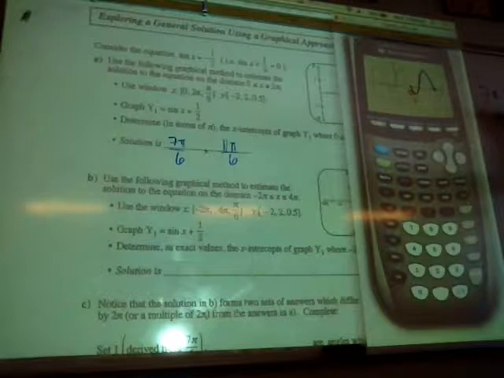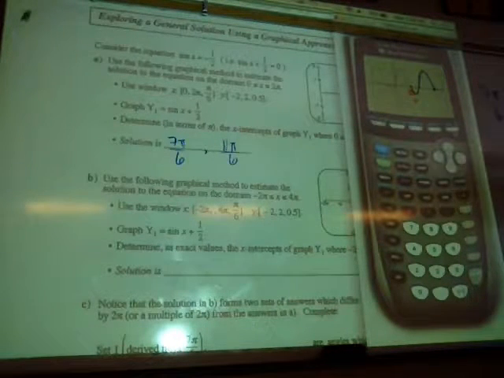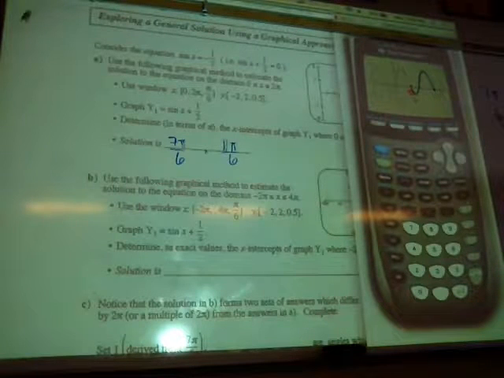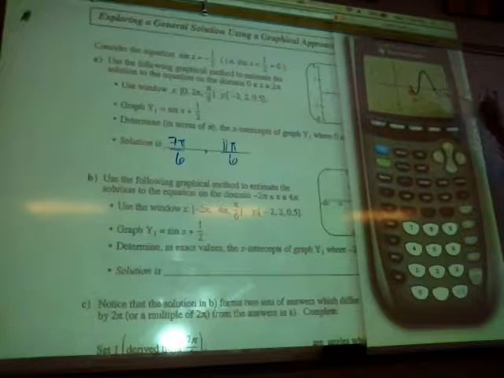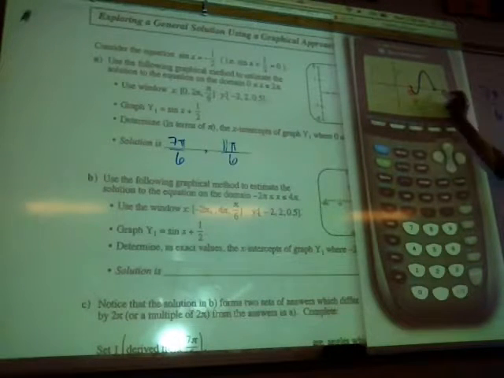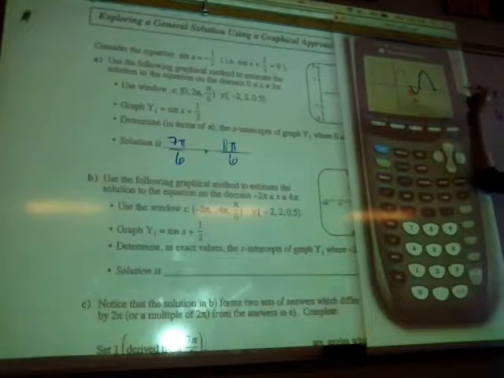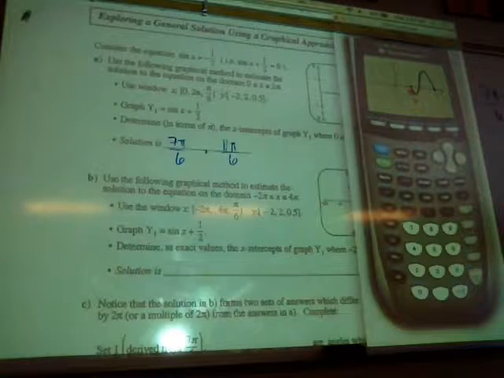I can calculate this on the side here. I need a common denominator, so I get 7 plus 12 is 19 pi over 6. Okay, that's my next x-intercept. Now, if you forget this, of course, you can just trace your x-intercept, divide the pi out, and you'll get 19 pi over 6.